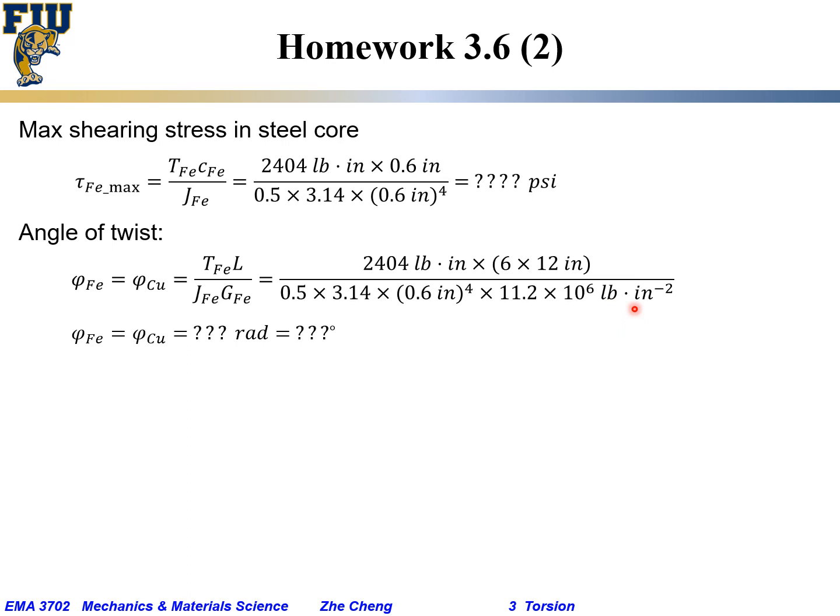As a result, pound force cancels, inch squared in the numerator and inch to the 4 in the denominator cancel. We get the angle of twist for the iron core, which would be the same for the copper shell.